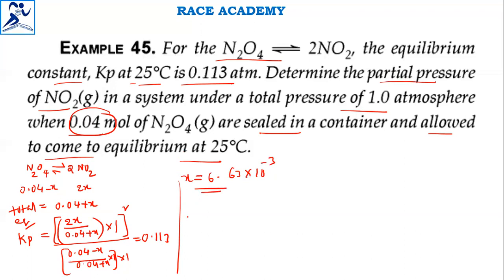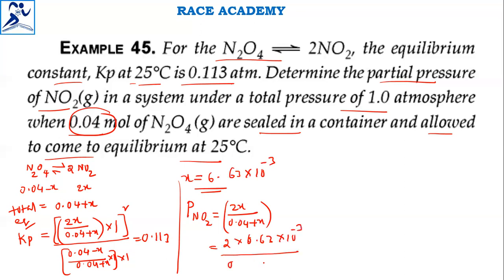And with this x value, the partial pressure of NO2 will be 2x by 0.04 plus x. Substituting, it will be 2 into 6.63 into 10 to the power of minus 3 divided by 0.04 plus 6.63 into 10 to the power of minus 3.